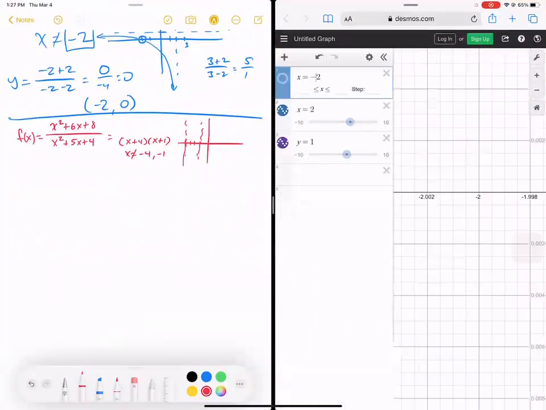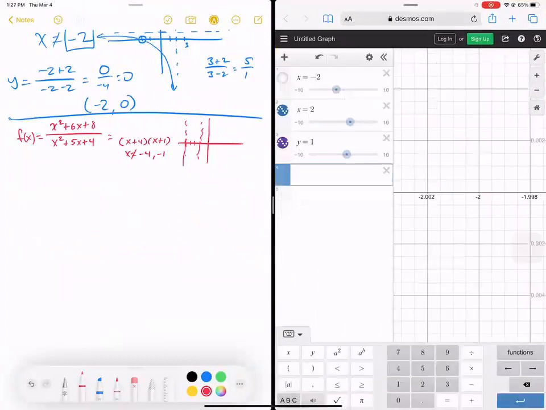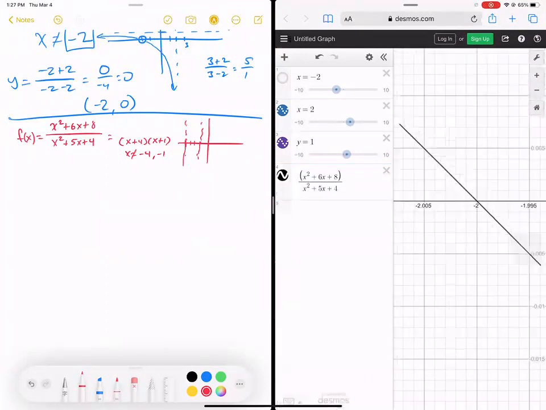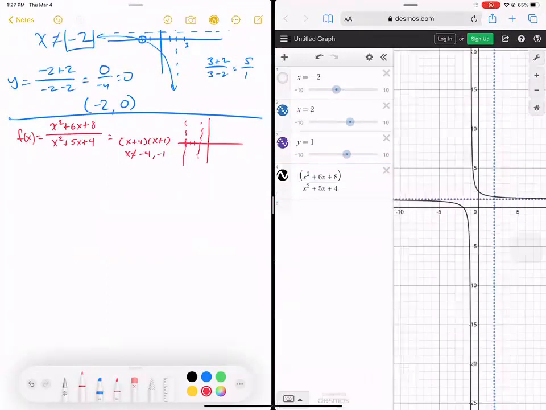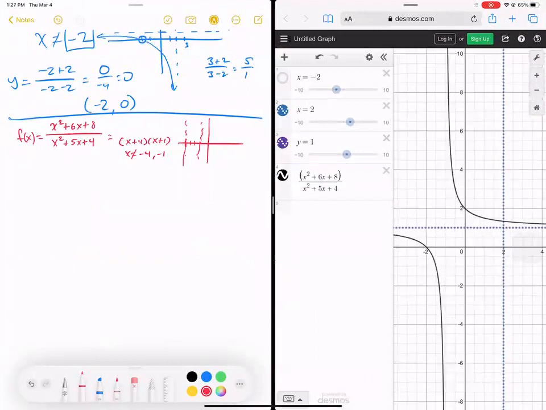Let's plug in the equation: x squared plus 6x plus 8, divided by x squared plus 5x plus 4. Whoops. And you can see that we are missing one of our asymptotes.